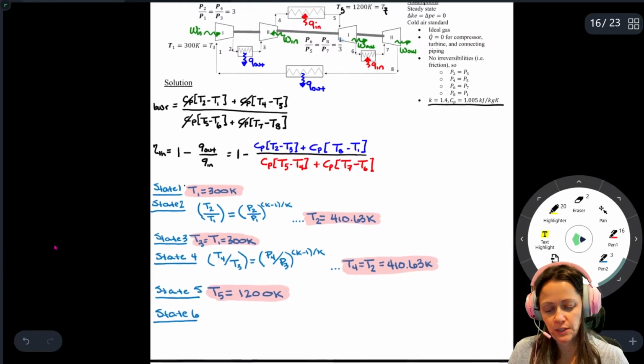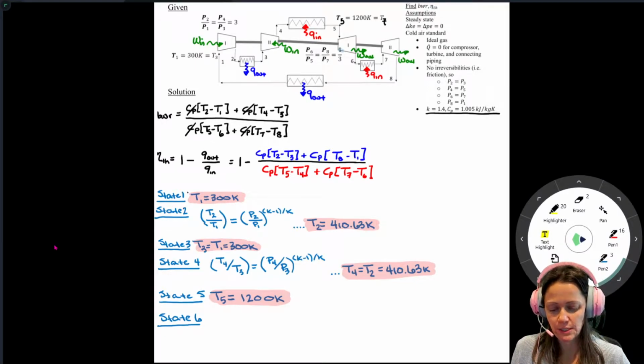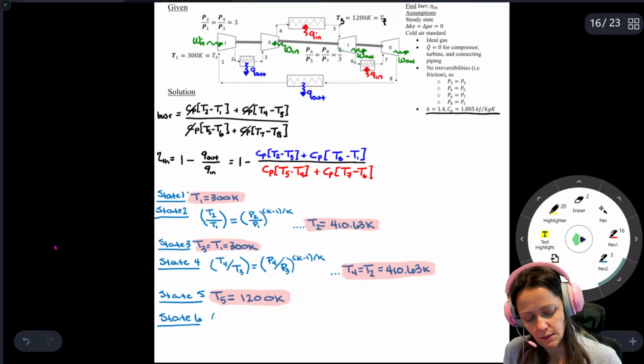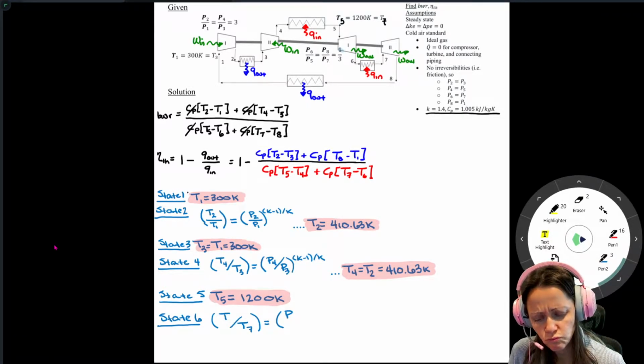Right, so if we look at our diagram here from 5 to 6, ideally it's an isentropic expansion process, and it is an ideal case because we have an isentropic efficiency of 1. So for our T6, we have an isentropic relationship applied for the ideal gas. Let me switch that, it's 6 over 5.